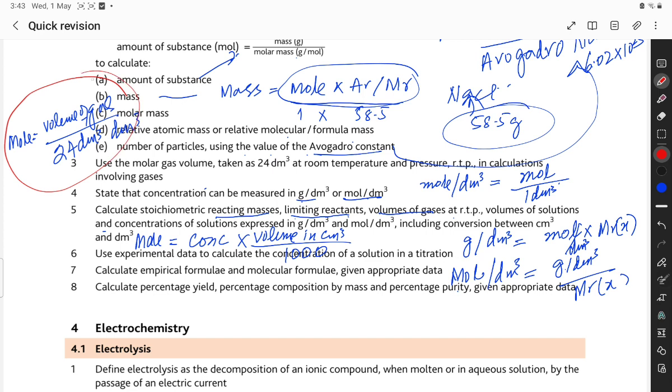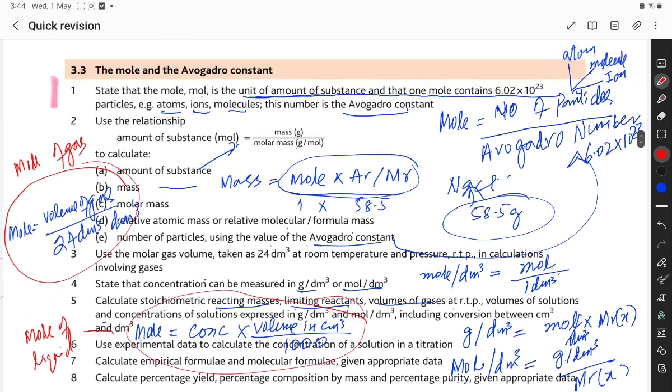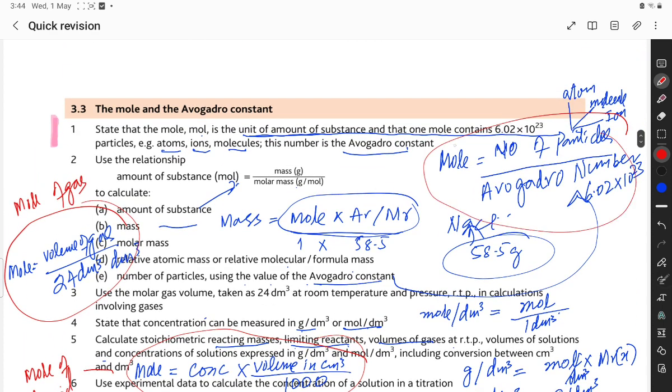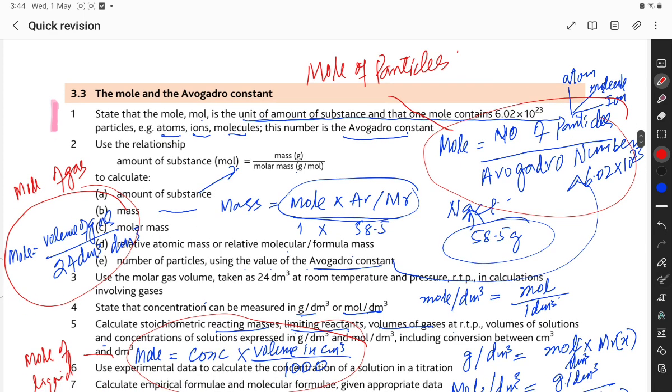One is the mole of gas, this is the mole of liquid, and this is the mole of particles, and this is the mole of solid.